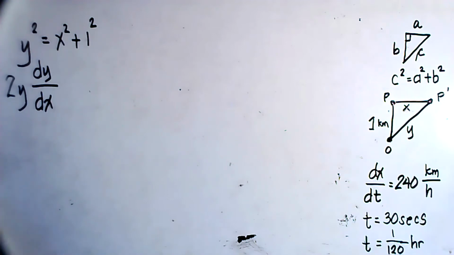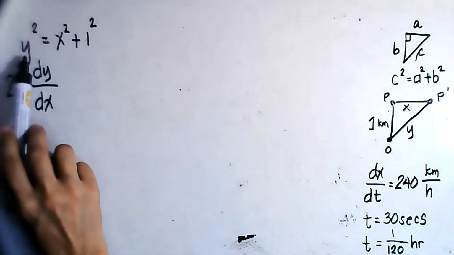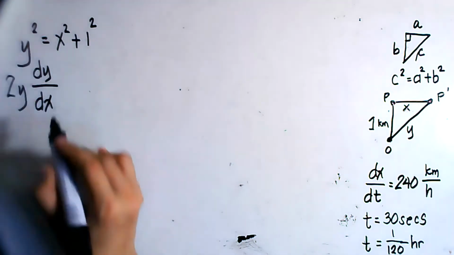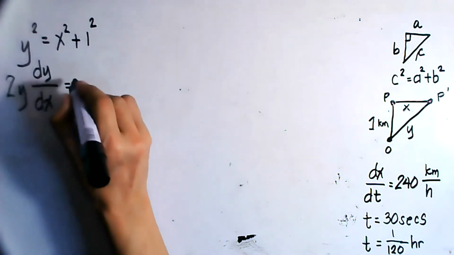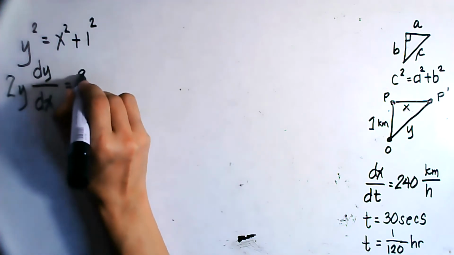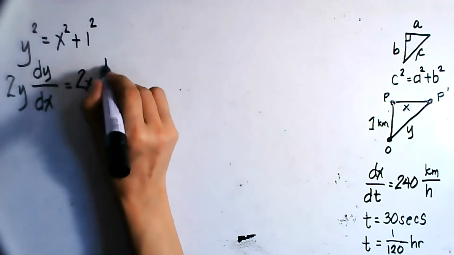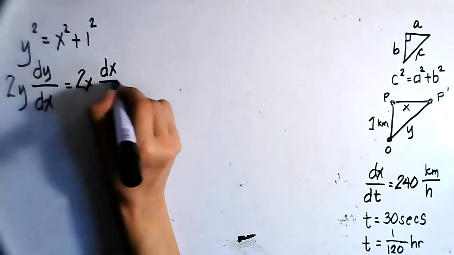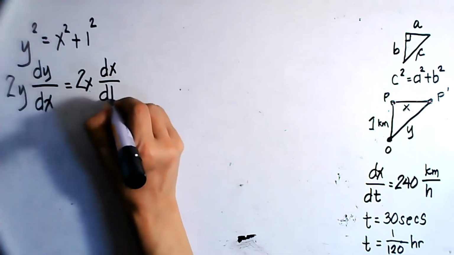So we have 2y dy/dx, by getting the differential of y squared, is equal to the derivative of x squared, which is 2x, and this time the change in x is with respect to time.